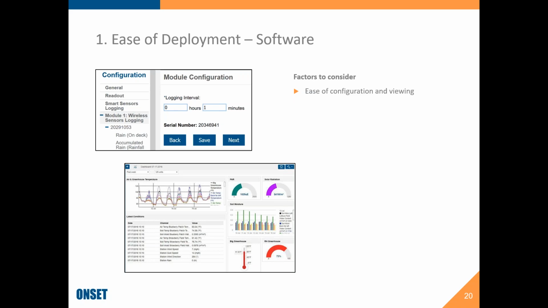The configuring part is configuring the modules for deployment, and then also viewing conditions, things like wireless signal strength, so you can position the modules or the transmitters more easily and for the best, most reliable transmission. You also want to look for ones that are easy to configure in terms of setting up things like dashboards, like I showed down here in the lower left.